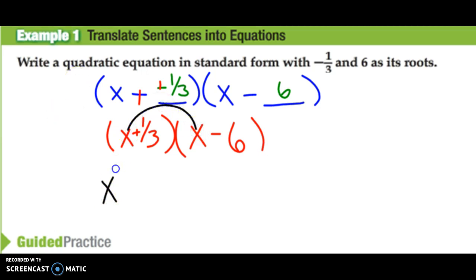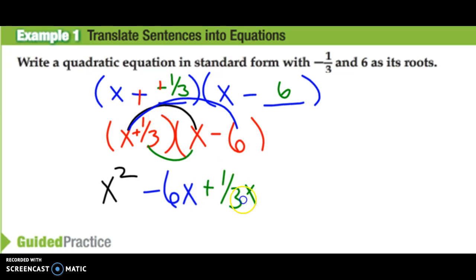And now all I'm going to do is take my FOIL, my first terms, x times x is x squared. My outside terms, okay? So I take x and negative 6. Then my inside terms. And finally, I have my last terms. So 1/3 times negative 6 is negative 2.